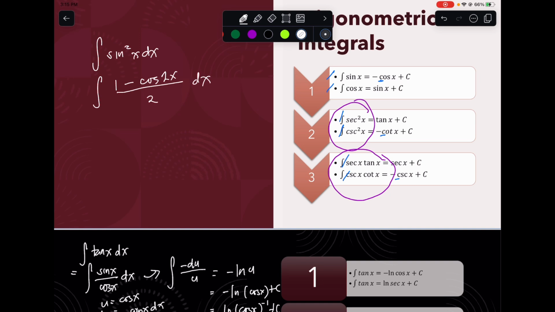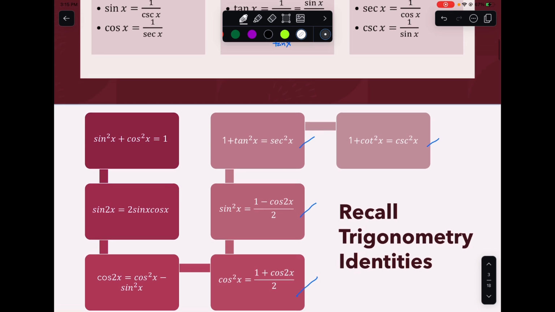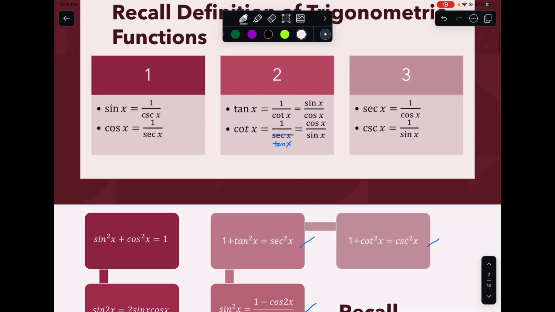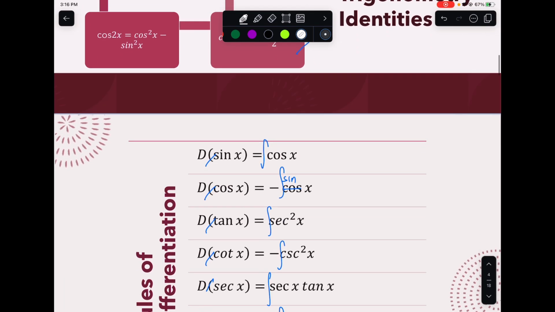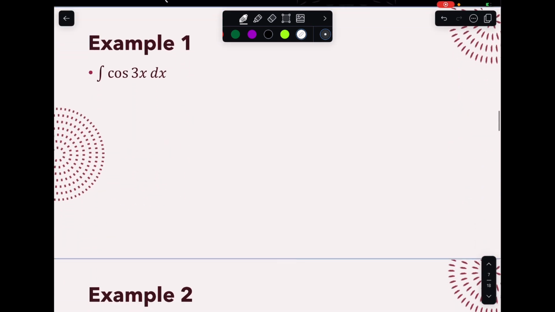This one has a direct integral because we can find the integral of cosine 2x using the formula for cosine x, and then the 1/2 is algebraic. So in cases when the integrand does not resemble any of the 10 trigonometric integrals, that's the time that we recall all the trigo identities so we can transform it into a format which is integrable. Okay, so let's have our first example.